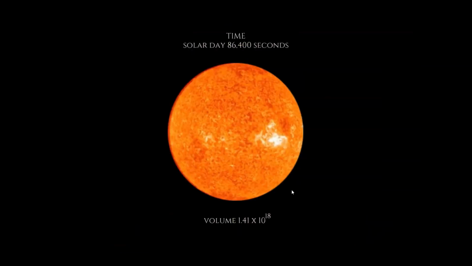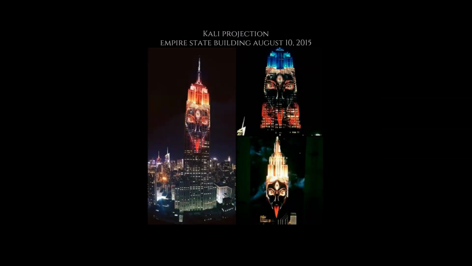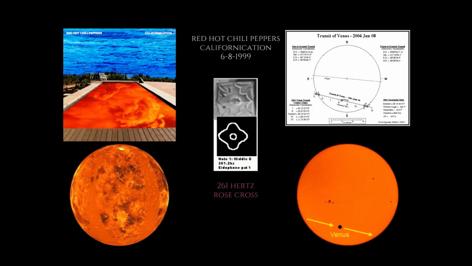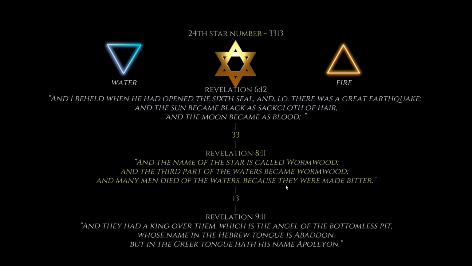And remember here, the volume of the sun is given as 1.41 times 10 to the 18th cubic kilometers. And the mirror of that is 81141. So they're encoding the sun as well into the wormwood star. The wormwood star can represent many types of stars when they do these rituals.